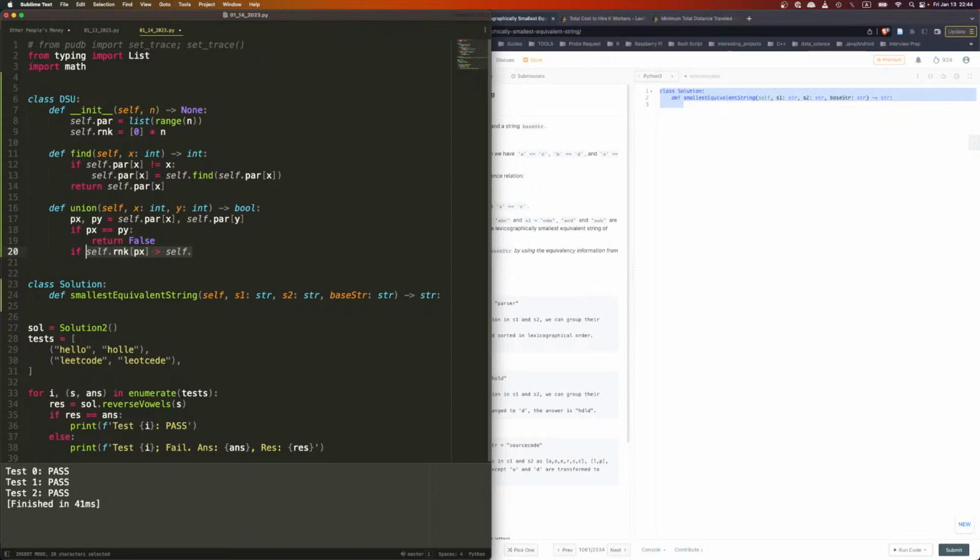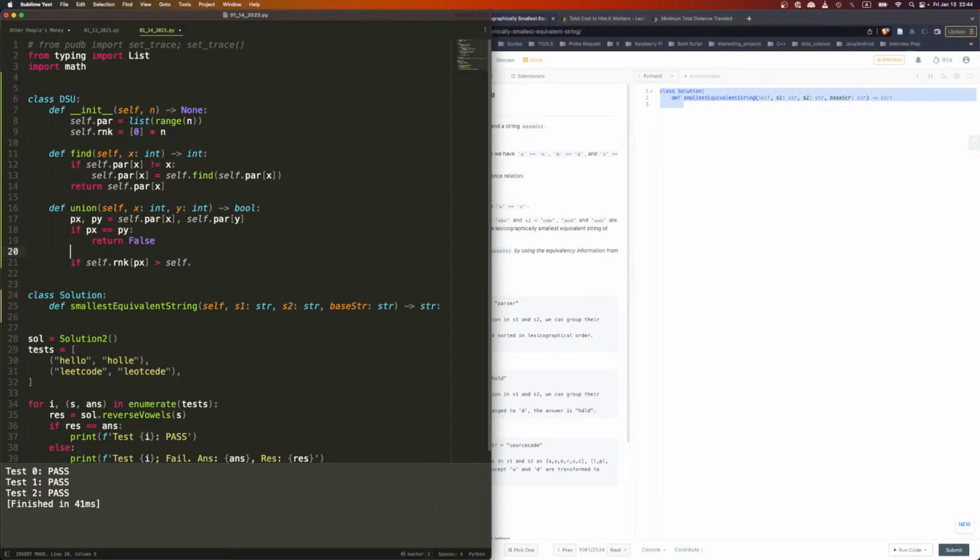We need to change this. So the rank starts as the same, and then I can assign the one with higher to be higher, right? So x and y, their parent. We look at their parent, and the smallest parent shall be assigned. Maybe we don't even need rank. All we need here is who is smaller.